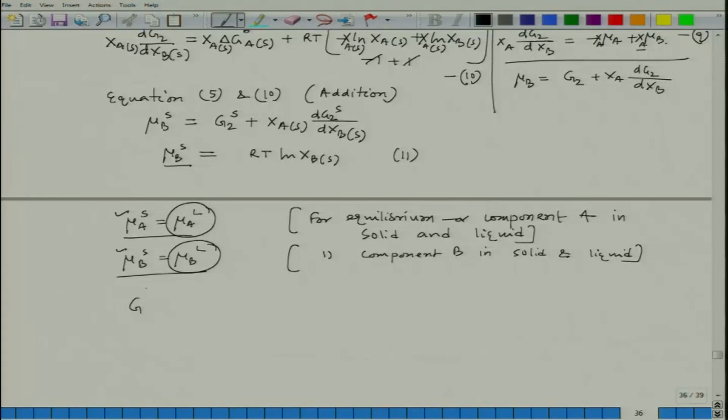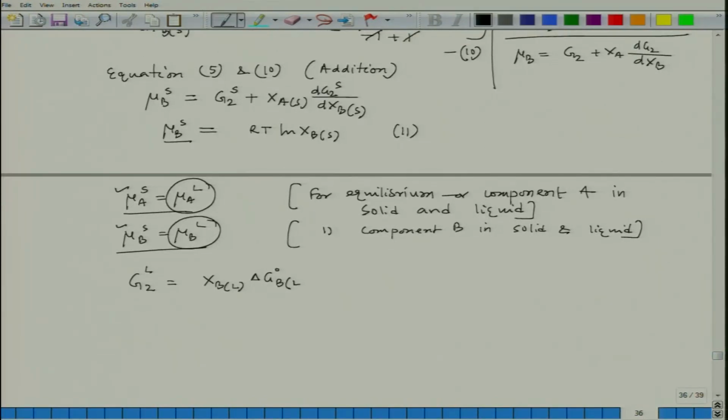Now, we can write the G2 of liquid solution is equal to XB liquid delta GB 0, I can simply write liquid, plus RT XA liquid ln XA liquid plus XB liquid ln XB liquid, and it would follow the same way of calculating mu A as well as mu B in the liquid phase.